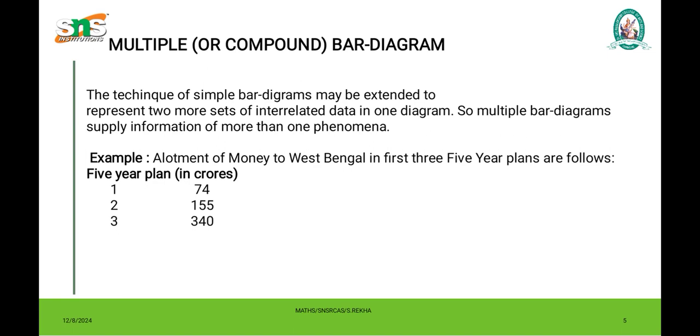Similarly, next we can see the multiple bar diagram. This diagram helps us to interpret the data in one diagram, as with the bar diagram we already mentioned. For example, if you want to know the 5-year plan for the allotment of money in West Bengal, the first 3 years are given in one form.